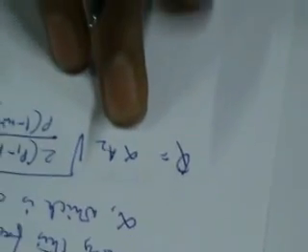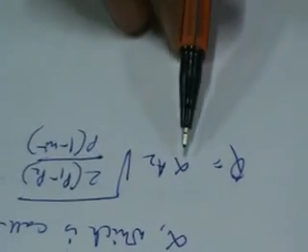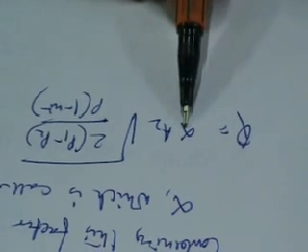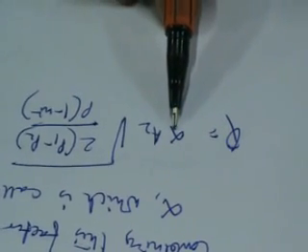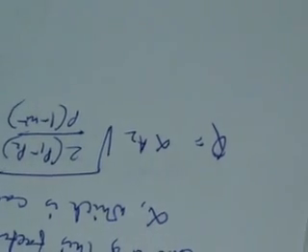So now the question is, what is the value of alpha? To find out this alpha, we need to calibrate the orifice plate. So our task is to find out the alpha value, the coefficient of discharge of that particular orifice plate.